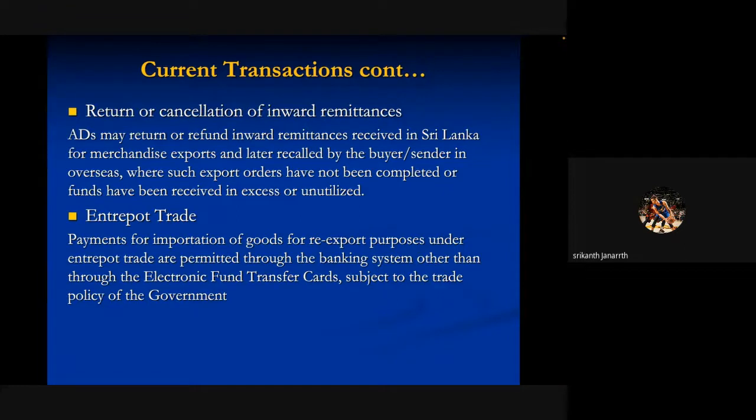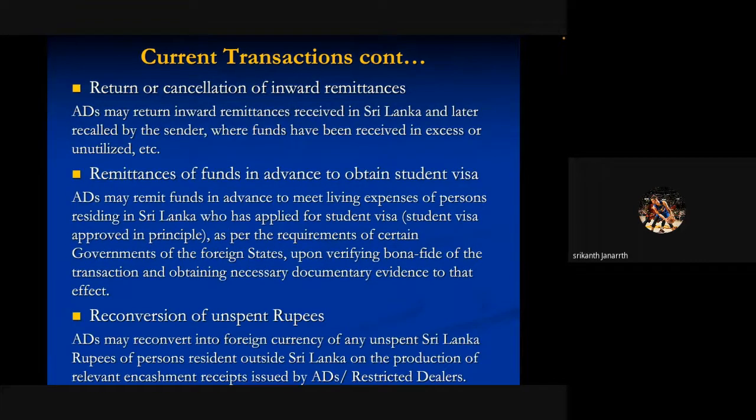The goods are not coming to Sri Lanka. The goods are coming to port, and from there they go through to Bangladesh. So the bank has to be very careful. When they remit money, they know the goods are not going to come to Sri Lanka. The money is gone out of the country. So the corresponding credit should come into the country with more money than what was sent. It should be more than $10,000, right? That is called entrepreneur trade.